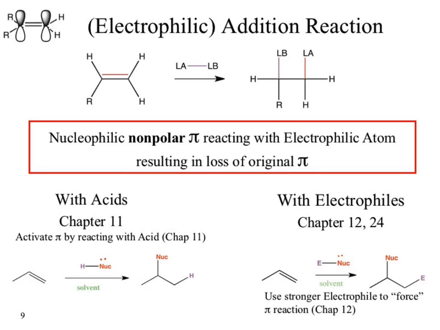So, our addition reactions. 24, it wasn't 25. Right? So our electrophilic addition reactions, or electrophile addition reactions. All of these involve a nucleophilic, nonpolar pi bond. Okay, why must it be nucleophilic?